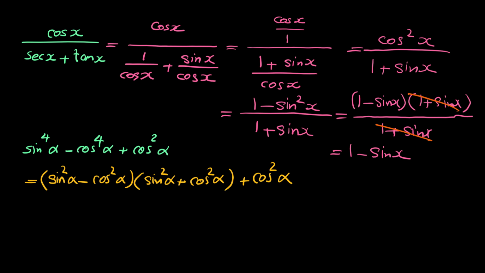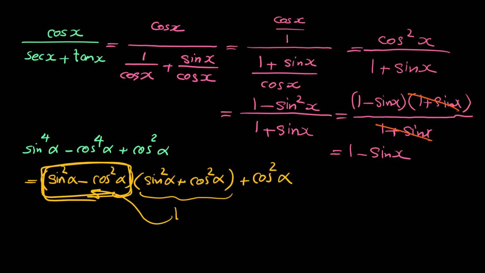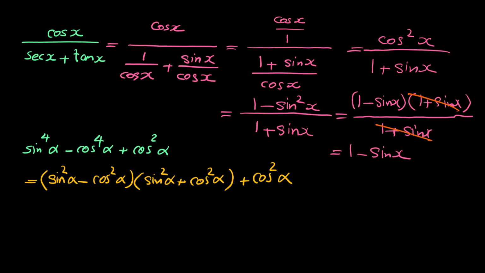Now look at the brackets. One of the brackets should be familiar to you. Sine squared plus cosine squared is 1, so this bracket is 1. And 1 times anything is that expression. So we have only sine squared minus cosine squared.